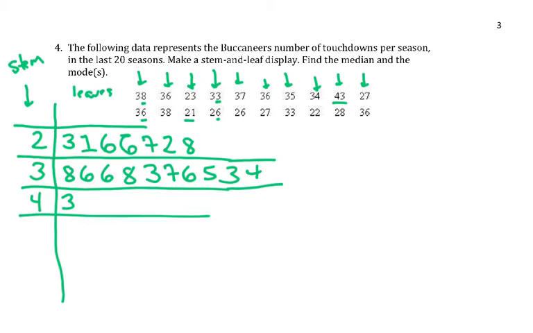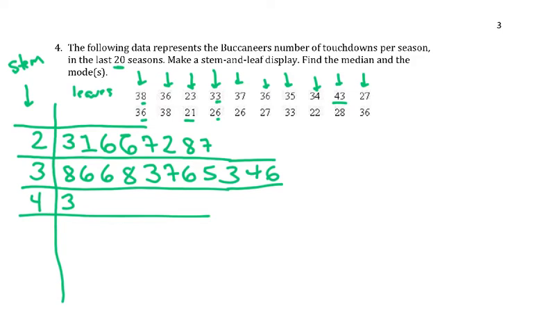And then finally 2, 7, 3, 6. And they said there are 20 of these, and you should do a quick check. 1, 2, 3, 4, 5, 6, 7, 8, 9, 10, 11, 12, 13, 14, 15, 16, 17, 18, 19, 20.